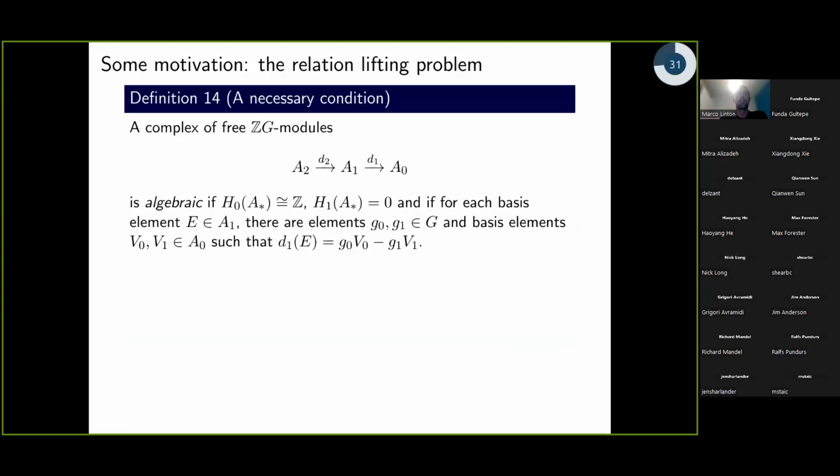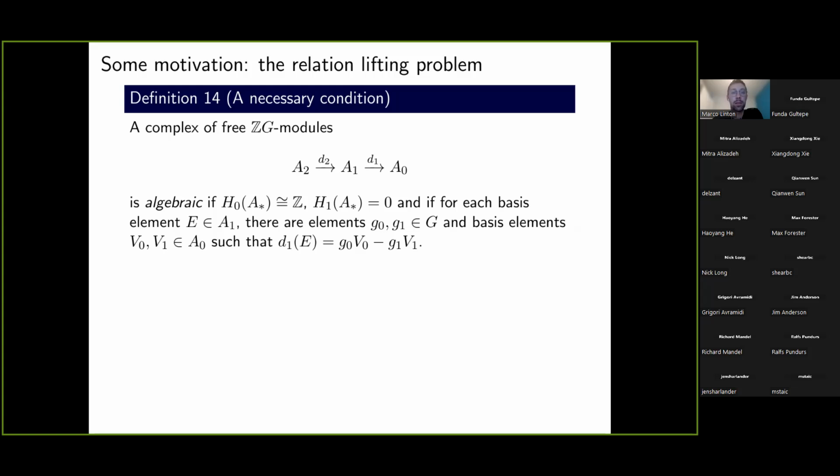Okay, so there are some obvious necessary conditions for your complex of ZG modules to be realizable. One is being algebraic, which is really a collection of conditions. A complex of free ZG modules is algebraic if, first, zero homology is Z, which just says that the CW complex you want to realize is connected.